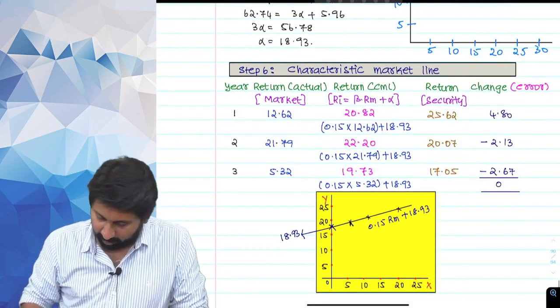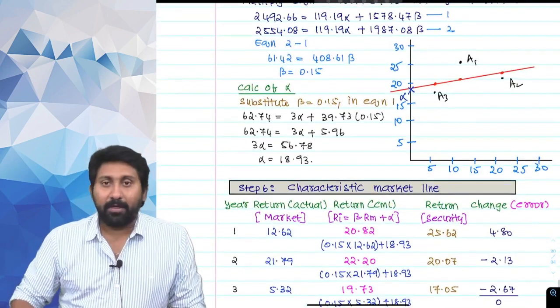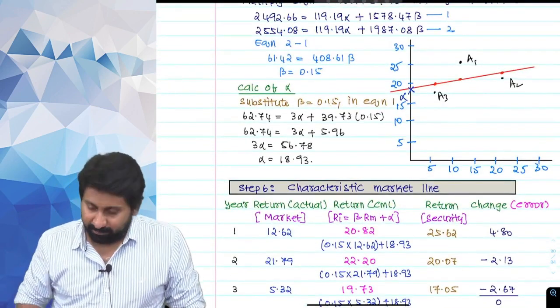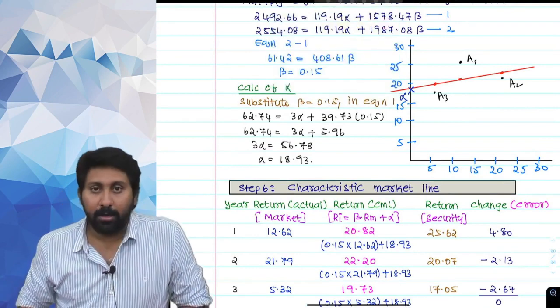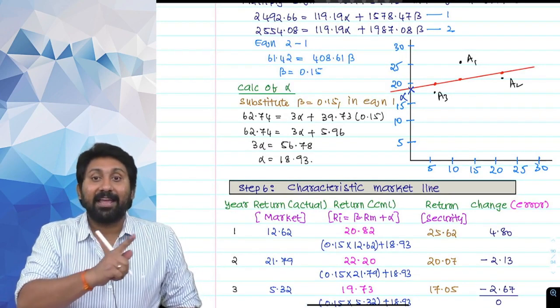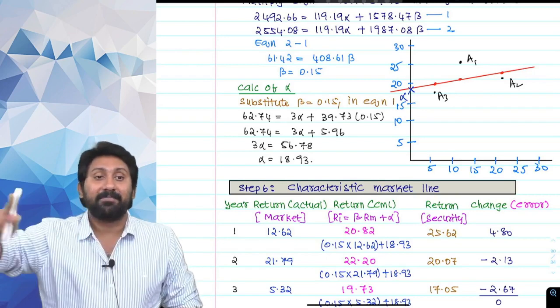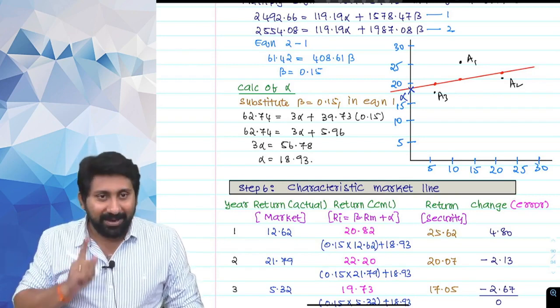Now, when you see the plotted points here, I will give you an analysis. The line exactly cuts the points in the middle. What do you mean by middle here?